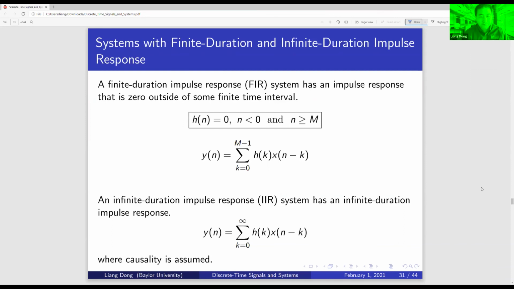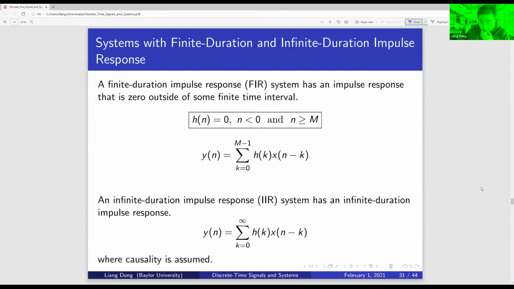Put these two together: I have a causal system, and I also have a stable system. Now, for causal systems, we also have another more restricted situation, which is a finite duration impulse response.